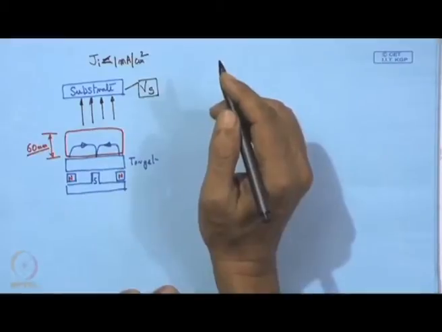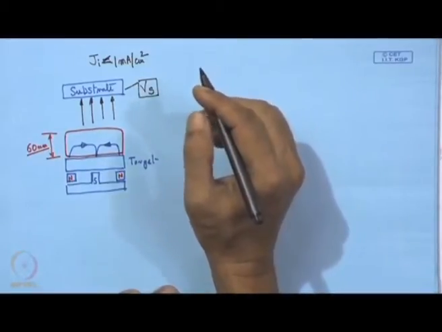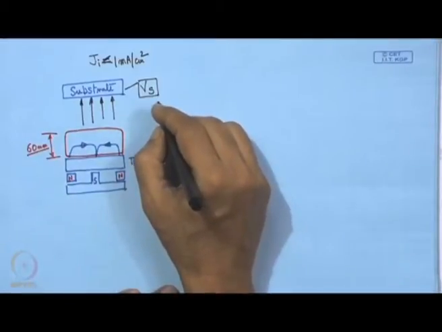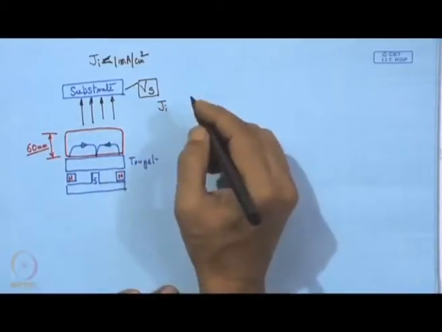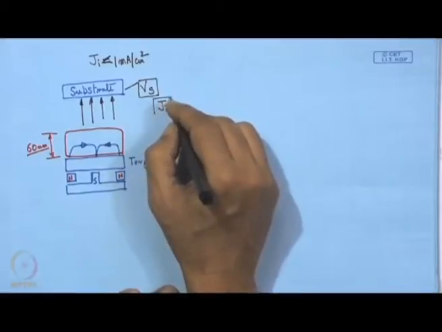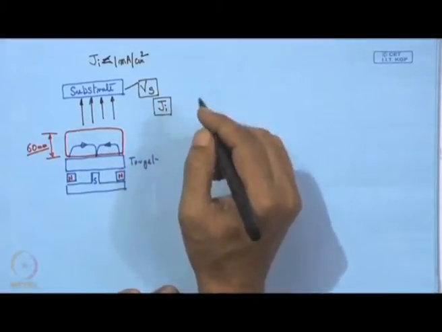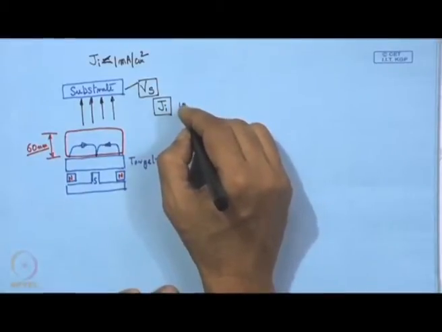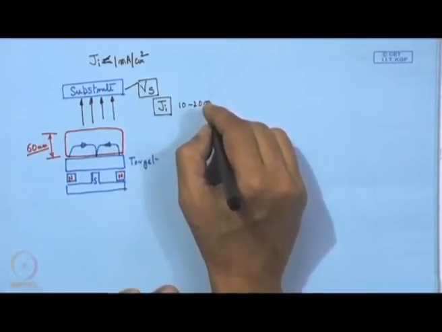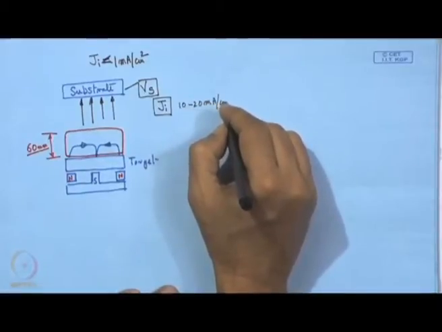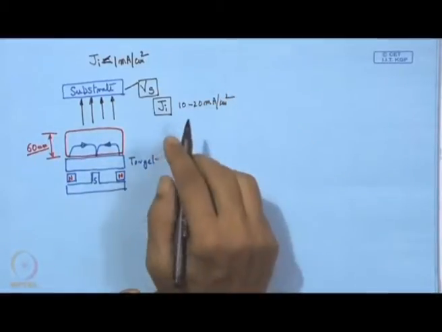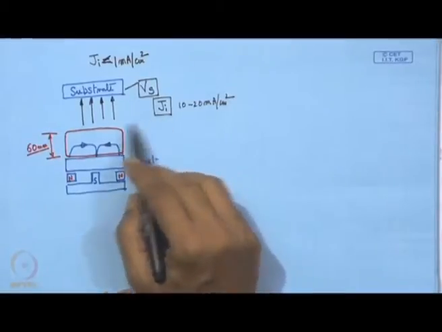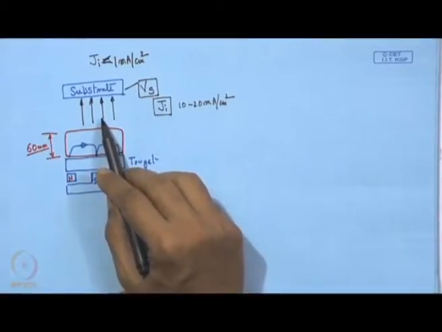However, this is not the best solution. In principle, what is necessary is a high ion flux density, that means J I should be rather high, maybe an indicative value between 10 to 20 milliampere per centimeter square. This can be one ideal ion current density, or substrate current density.